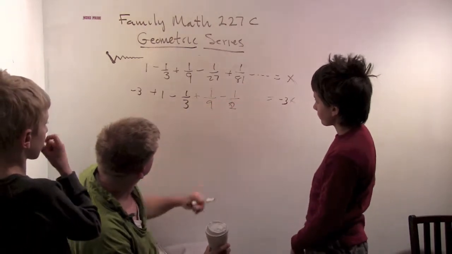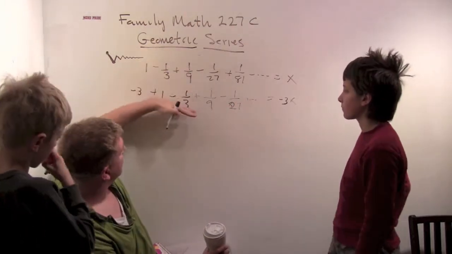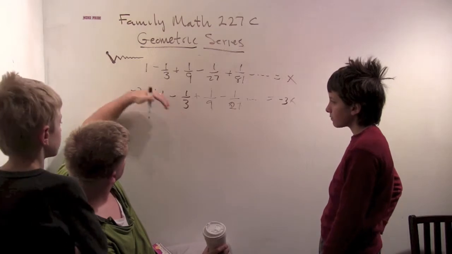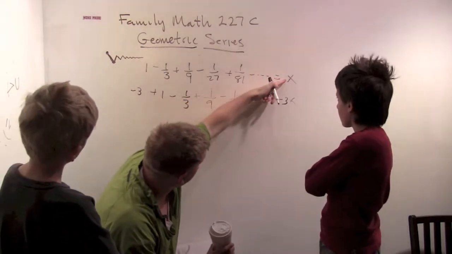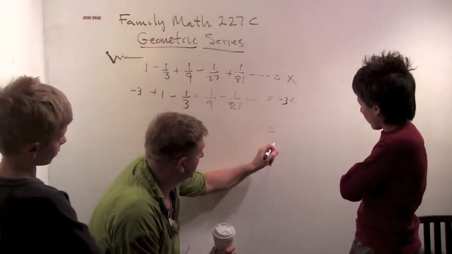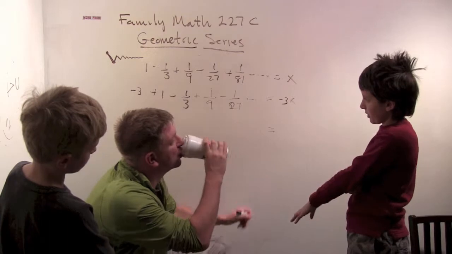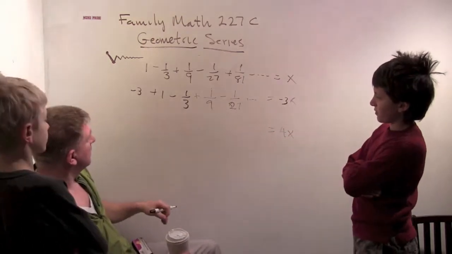Did I get that right? Yeah, minus 1 over 27. Now I can subtract. I can say take this minus this. So what is x minus 3x? It would be minus 4x. I mean, it's positive 4x. And then you're left with the minus 3.